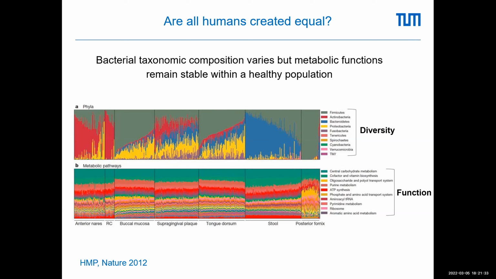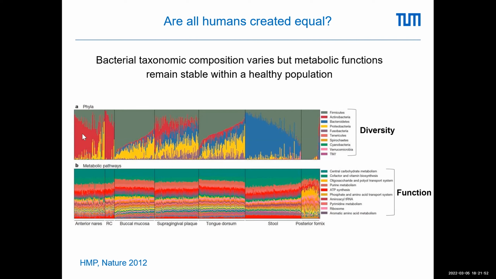So one of the conclusions of the Human Microbiome Project was that we are not all equal, right? If you look at this figure here, it might look complicated, but actually it's not.